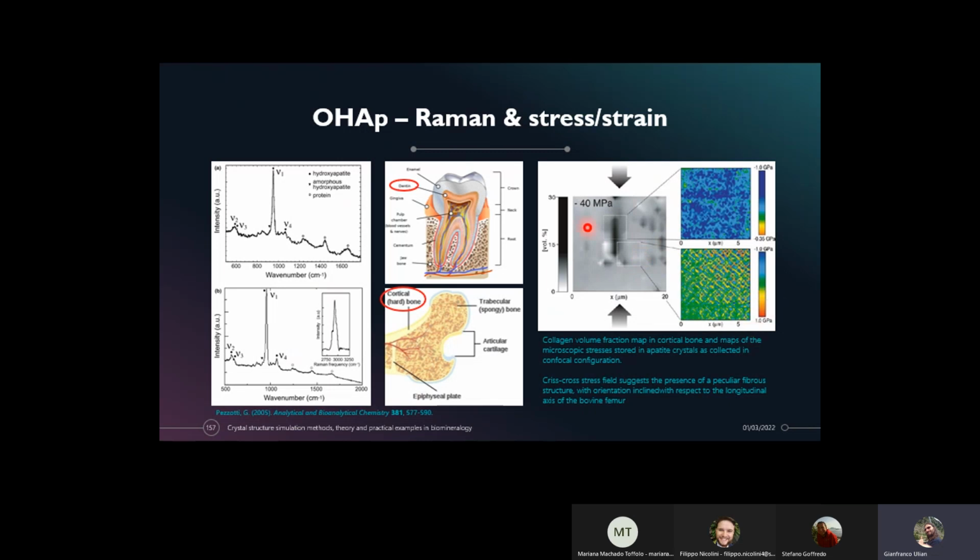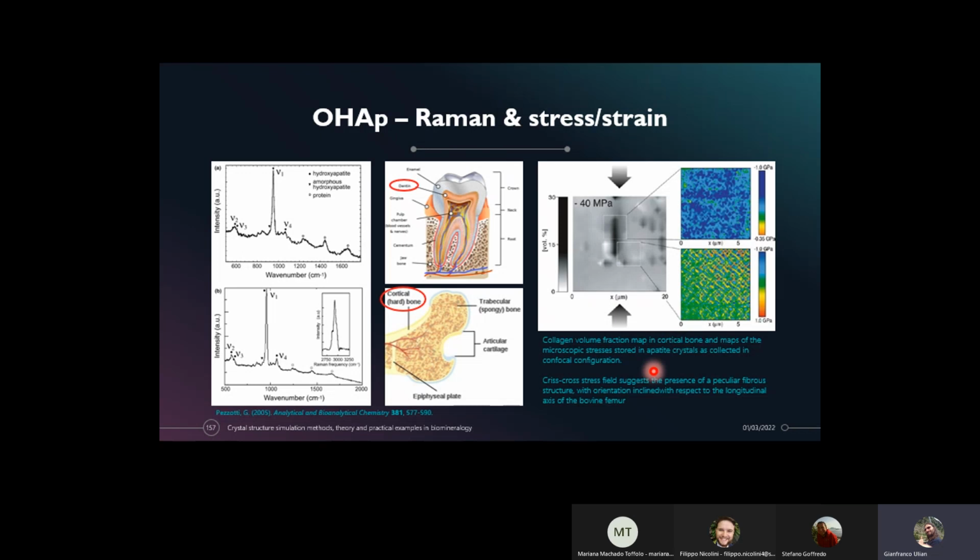And you can see here that there is something like a crisscross stress field in the cortical bone. You can see here that there are some bands at high stress values that are along specific directions.